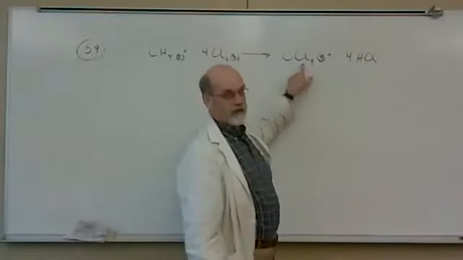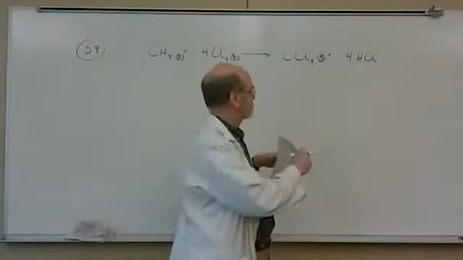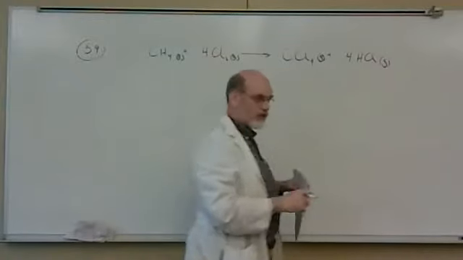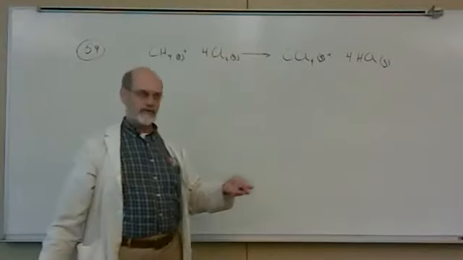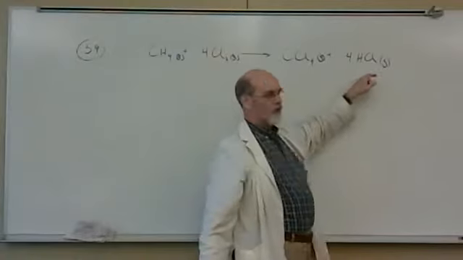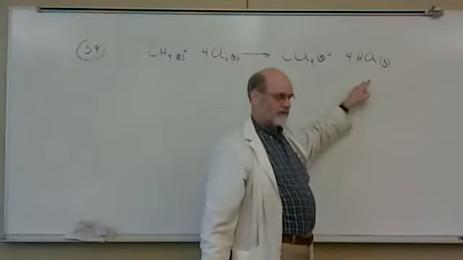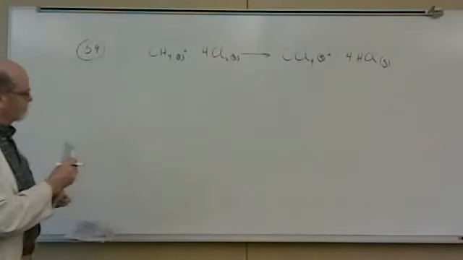So you've done this one already. Carbon tetrachloride. And this one is, if it's a gas, you name it like any other binary compound. Hydrogen chloride. But if it's dissolved in water, it would be an acid, and you'd name it hydrochloric acid. In this case, it's hydrogen chloride.